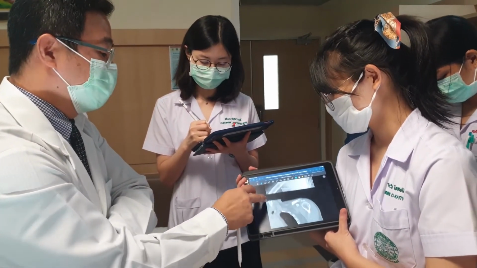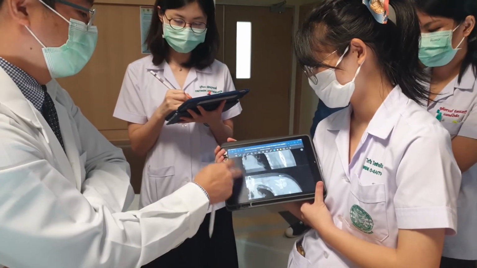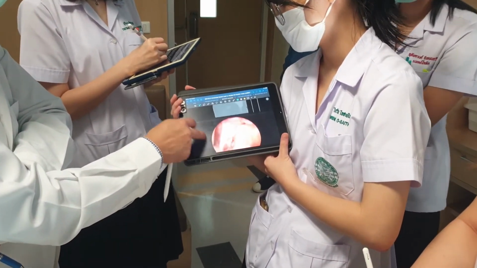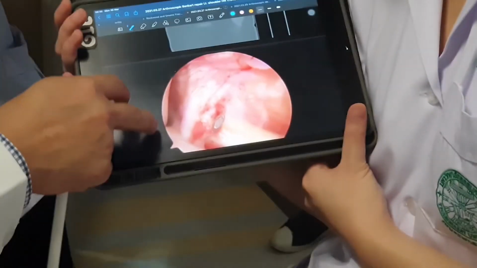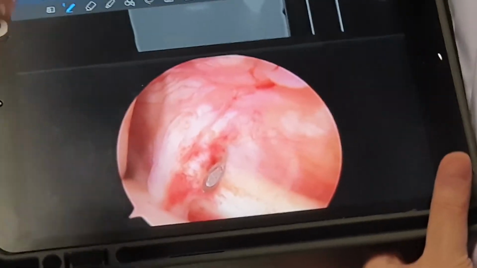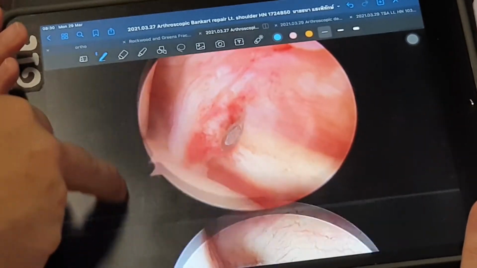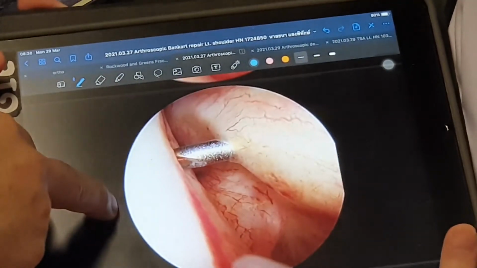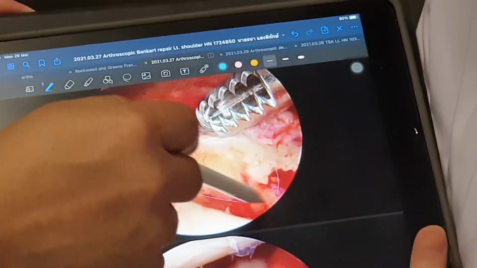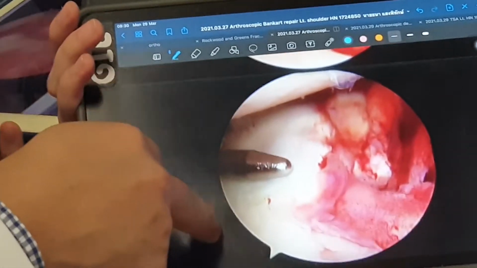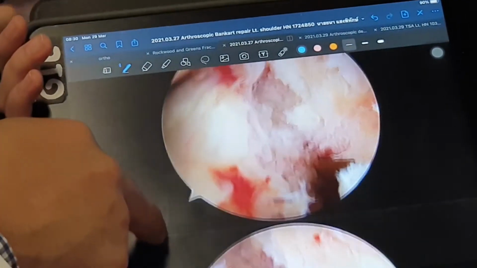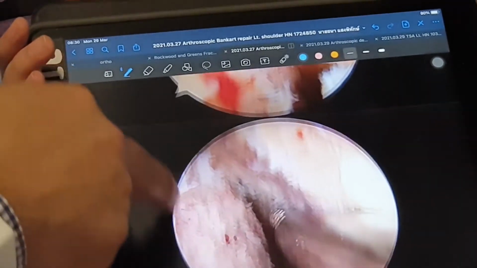Good. This patient, the surgery I have done, actually this one I don't need the MRI because the CT scan is more appropriate because you have the bony problem, right? And also I check his cuff function is fine. So when we get in, we find that the patient have the broken piece of bone here. Okay, it's comminuted. So I need to detach it first and try to fix this back.